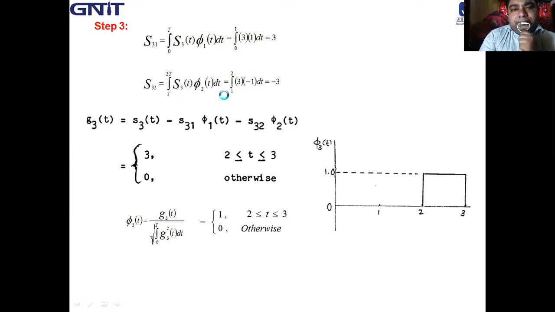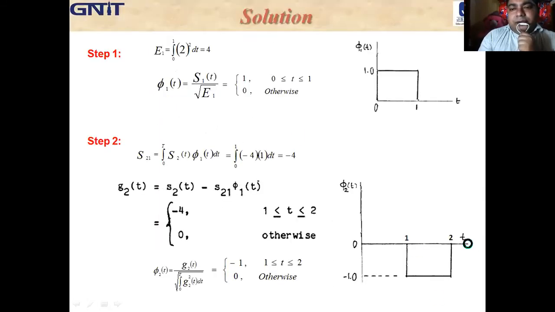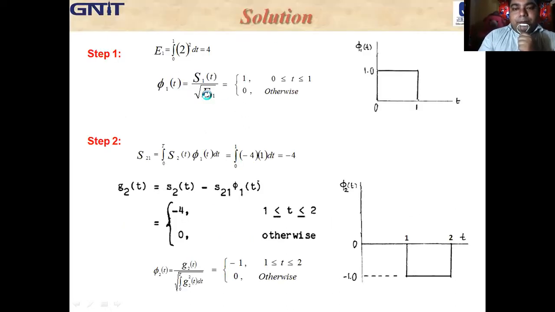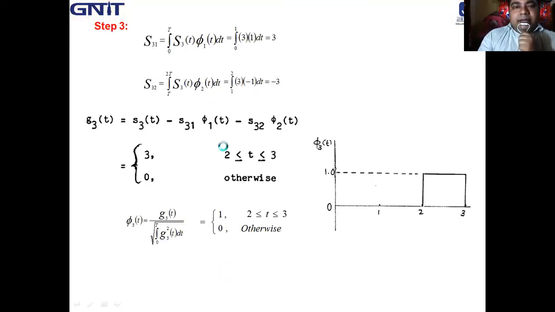So the amplitude of S3(t) is 3, phi 2(t) is minus 1, and the limit of integration is 1 to 2. If we evaluate it, then it is minus 3.